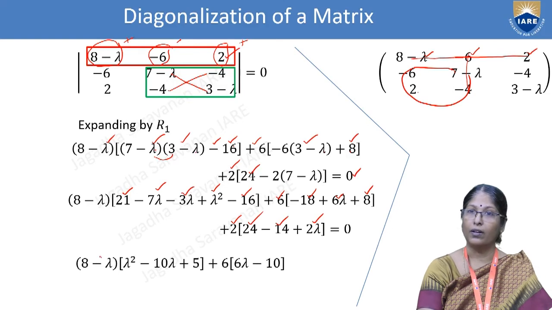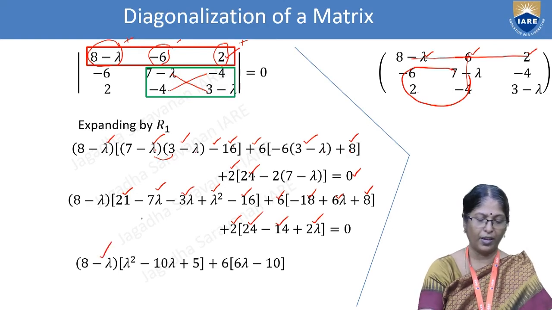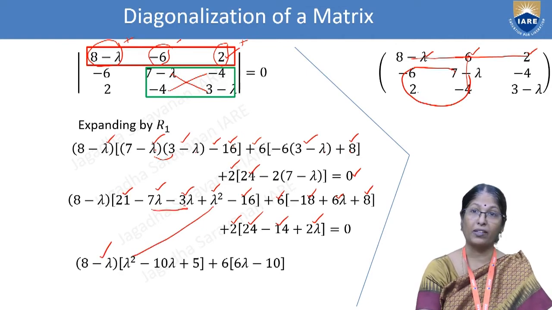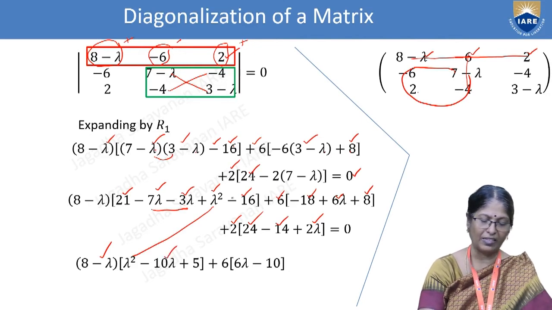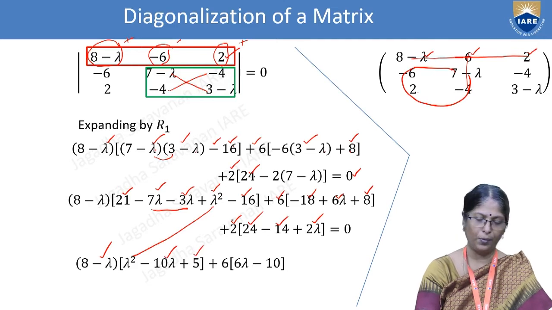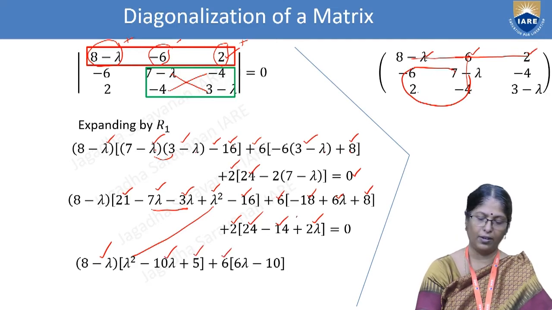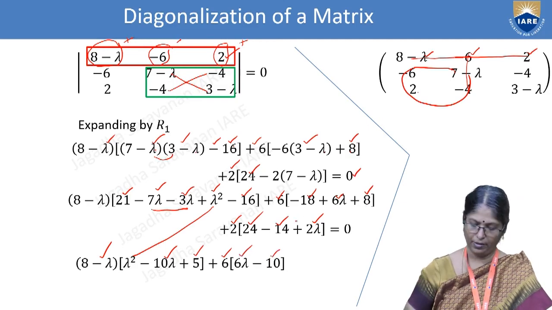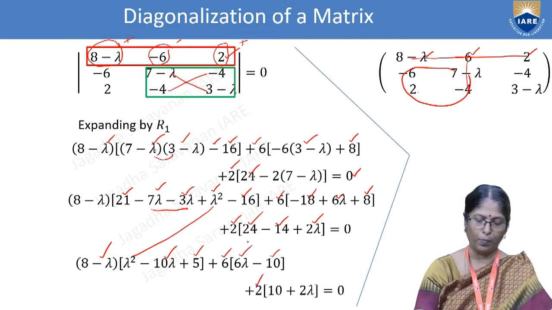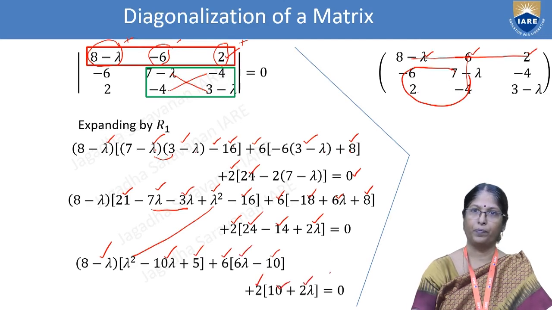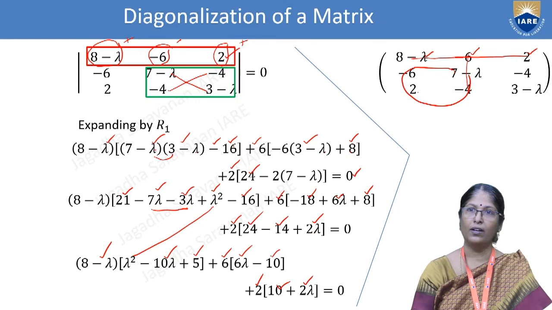Now taking the lambda square, and this part minus 7 lambda minus 3 lambda becomes minus 10 lambda. 21 minus 16 becomes plus 5. Plus 6 as it is written, minus 8 plus 8, this is minus 10, 6 lambda as it is, plus 2, here we copied 24 minus 14, 10 and plus 2 lambda. So completely this is the determinant which is equal to 0.